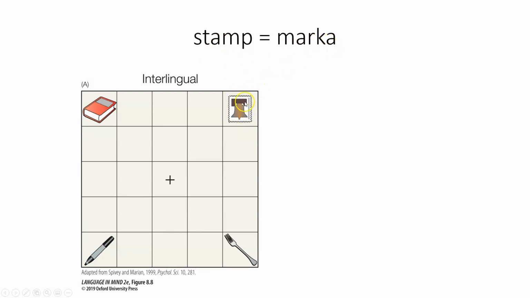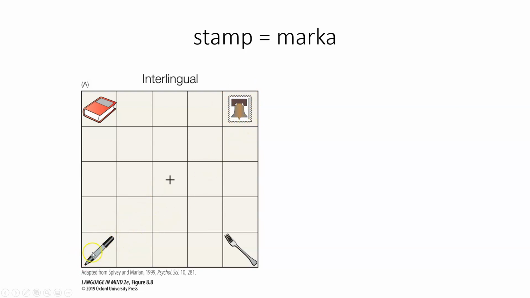So when participants were given the instructions either in English or in Russian, there was a phonologically similar word in the other language. Marker and marka sound a lot alike, but not in the same language.